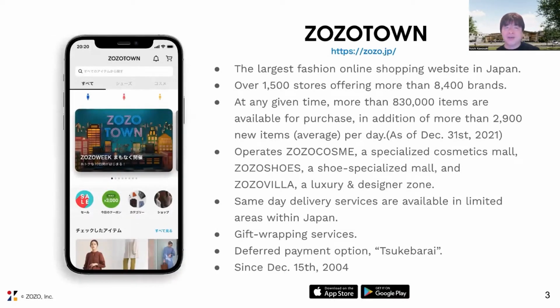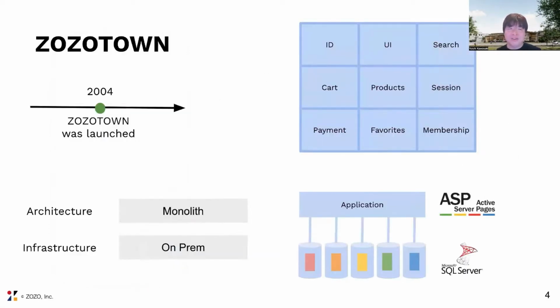So about ZOZOTOWN. ZOZOTOWN is the largest fashion online shopping website in Japan, where more than 830,000 items are available for purchase as of December 2021. It was launched in 2004. It was a monolithic e-commerce application built on-prem.